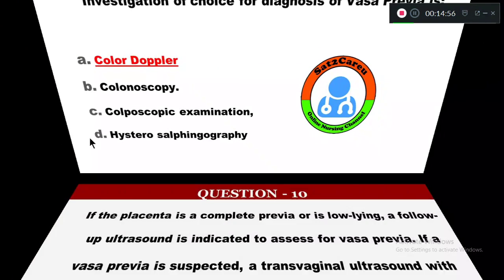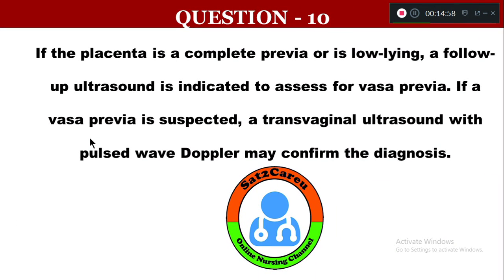So here the rationale: if the placenta is complete previa or low lying, a follow up ultrasound is indicated to assess for vasa previa. If vasa previa is suspected, a transvaginal ultrasound with pulse wave Doppler may confirm the diagnosis.